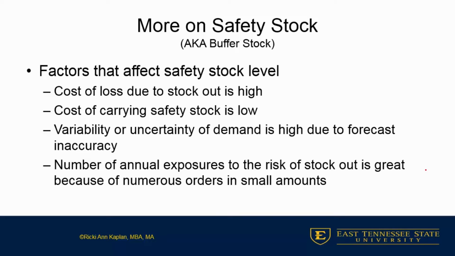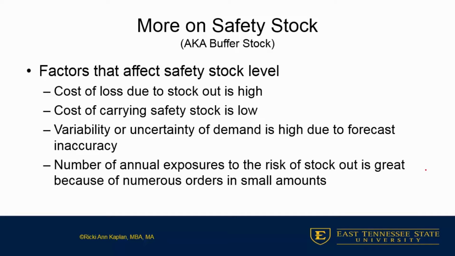How inaccurate did we do, or was it pretty close? Were they good forecasts? Again, you don't expect your forecasting to be perfect, but how close were you? So if the forecasting is very inaccurate due to uncertainty or variability, then you might want to carry more safety stock. You might want to have that on hand so you don't miss sales later on.